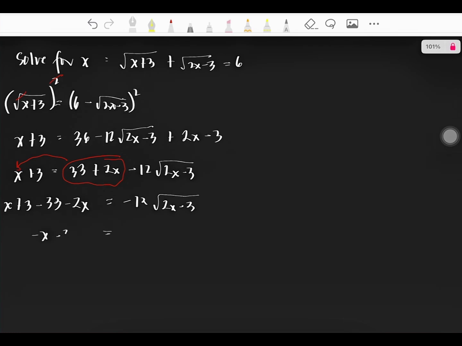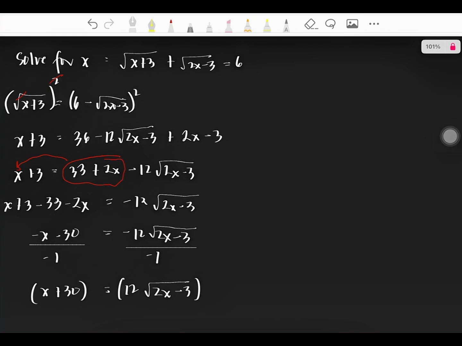Let's simplify again, and now we have negative x minus 30 is equal to negative 12 square root of 2x minus 3. Then let's divide both sides by negative 1. So we get x plus 30 is equal to 12 square root of 2x minus 3. Again, let's square both sides to cancel the square root.